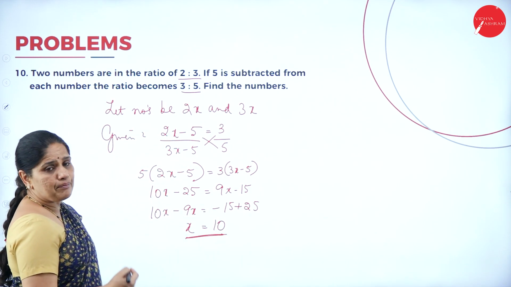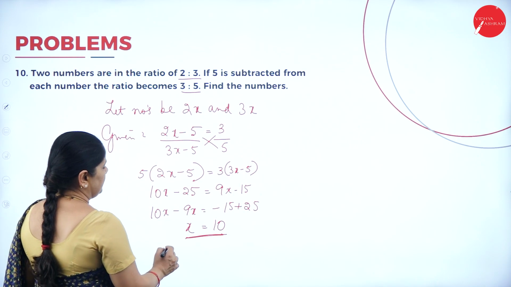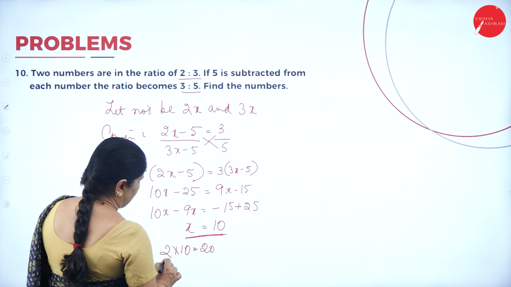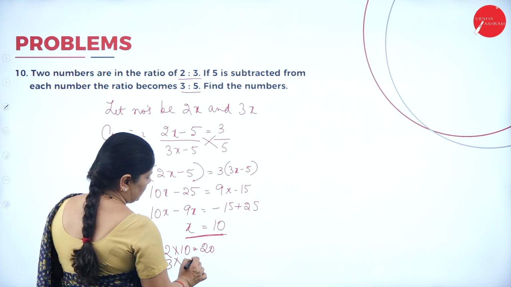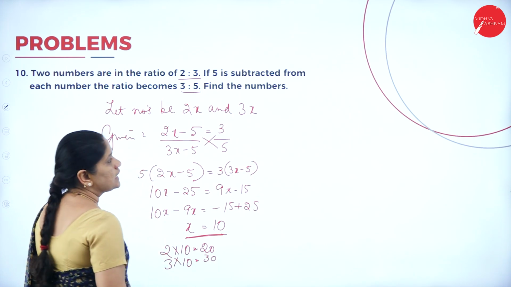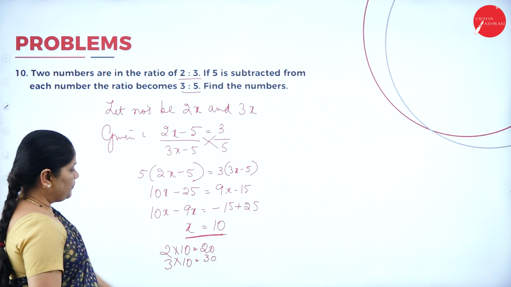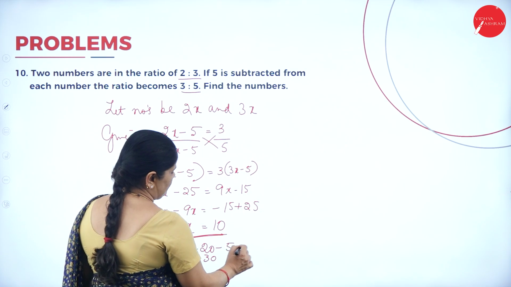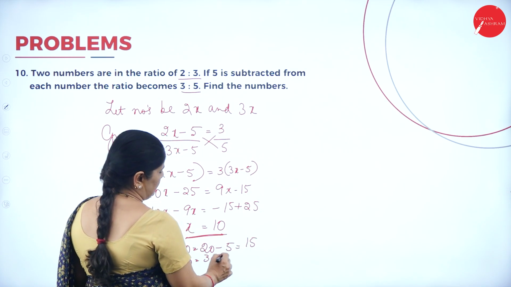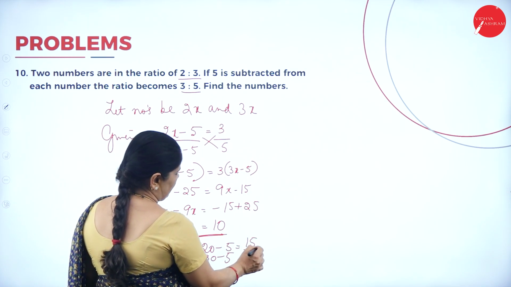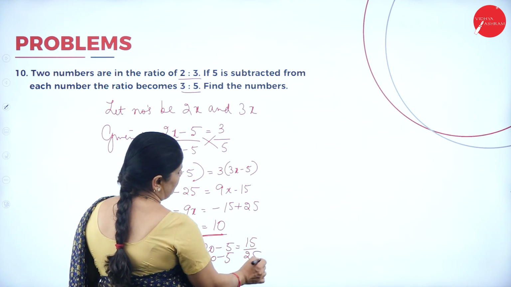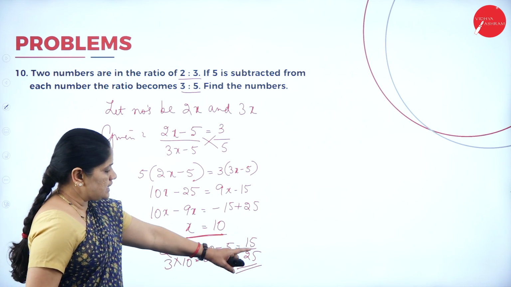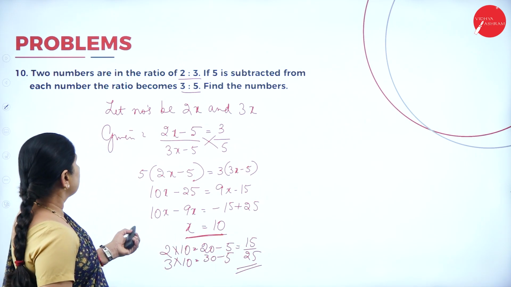Now, find the numbers. The numbers will be 2 into 10 equals 20, 3 into 10 equals 30. Now, subtracting 5, 20 minus 5, I get 15. 30 minus 5, I get 25. So, this is in the ratio of 3:5. 5 3s are 15, 5 5s are 25.